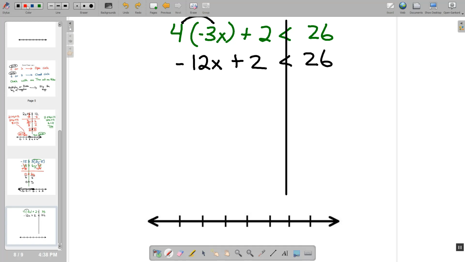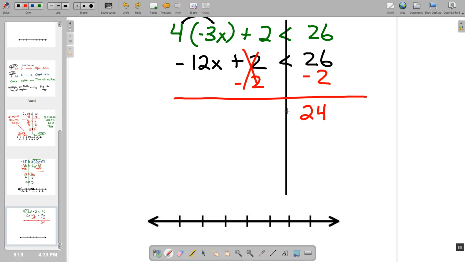From here, it's just like what we've been doing. We are going to subtract 2 from both sides of the equation. And I get 24 and negative 12x left over. From here, I'm going to divide both sides by negative 12.